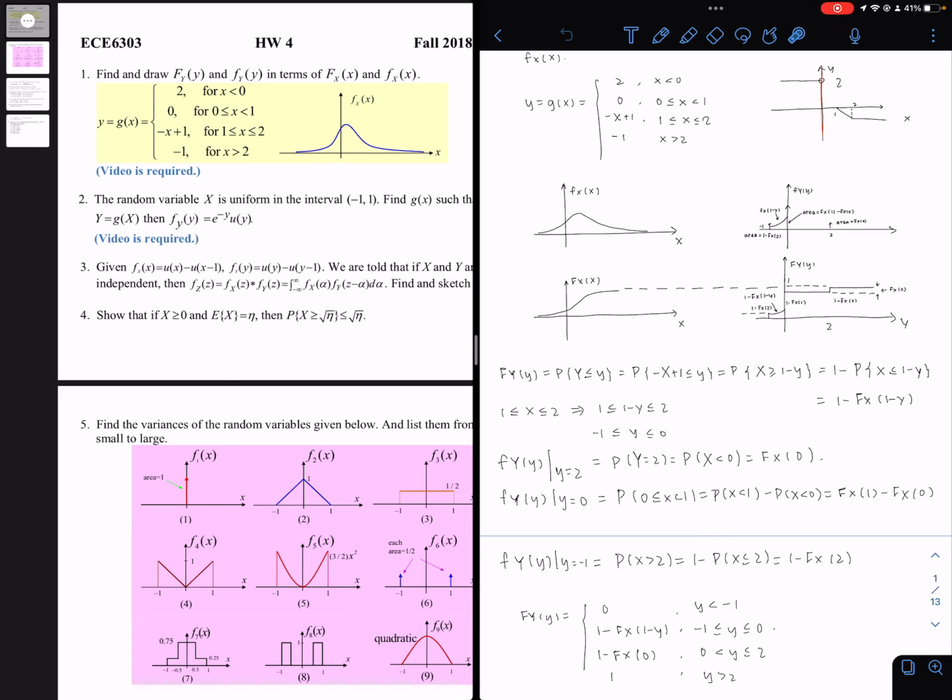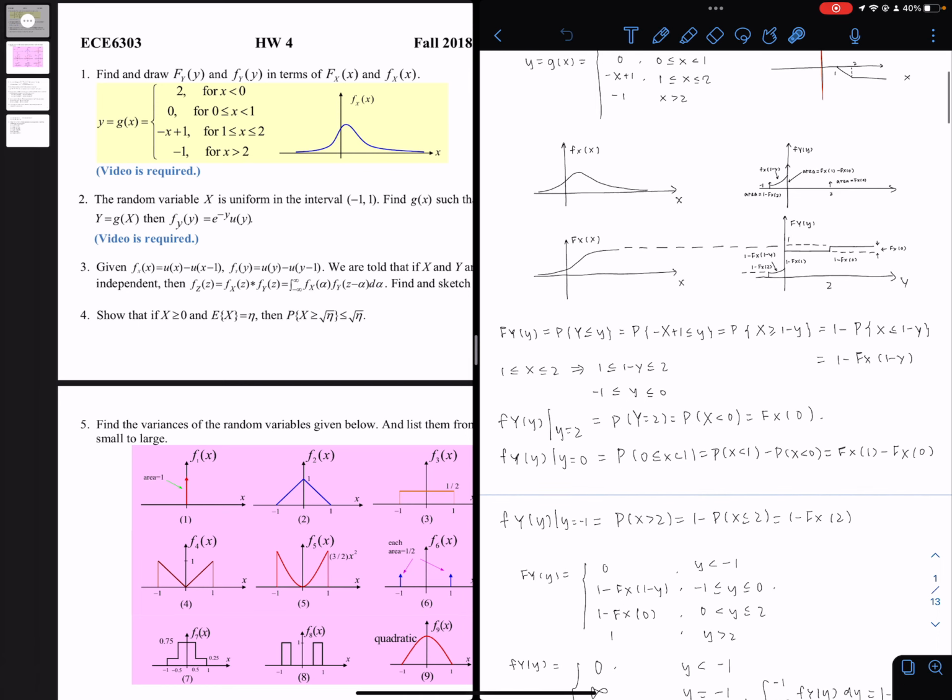And also the probability when x is between 0 and 1 is the probability when x is less than 1 minus the probability when x is less than 0. So here we have cumulative x at 1 minus cumulative x at 0. And so on and so forth.